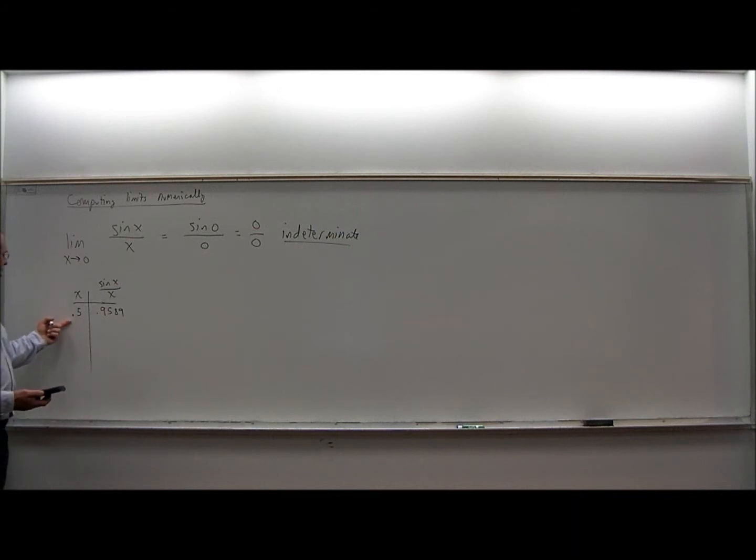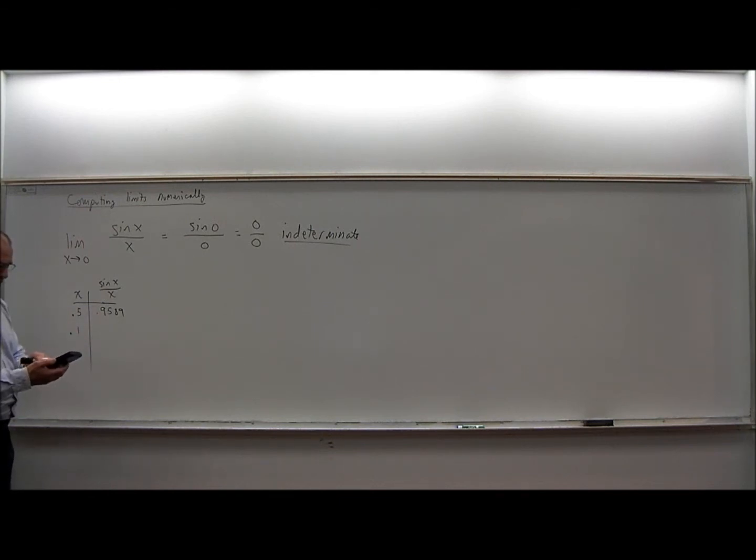And I'm going to continue this. I'm going to pick more values of x and continue to calculate sine x over x, and see if I notice any kind of a pattern. Again, x is approaching 0, so I used x equals 0.5 here. I want to now get closer to 0, so how about 0.1?